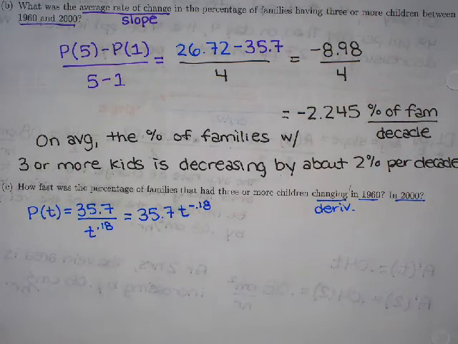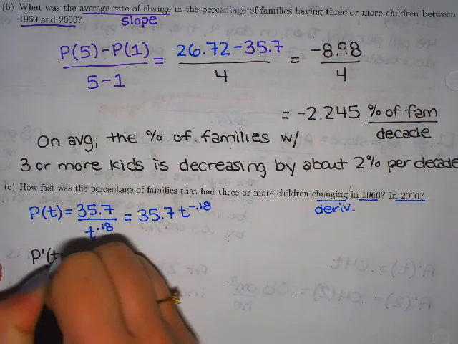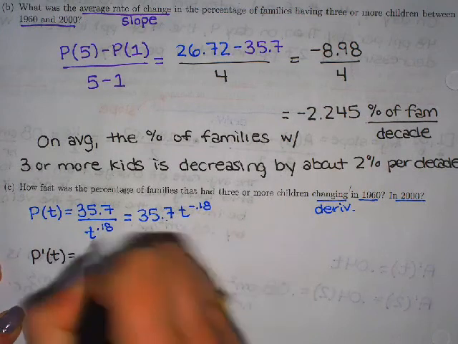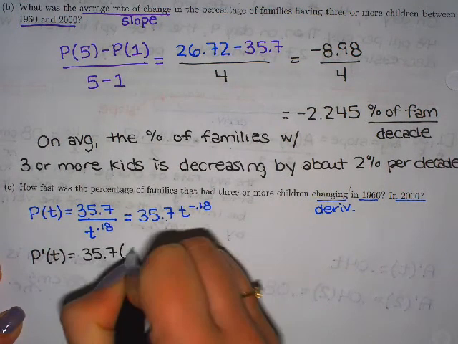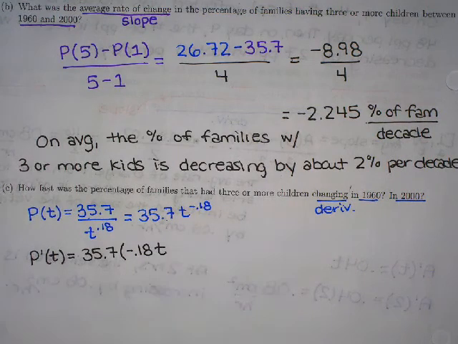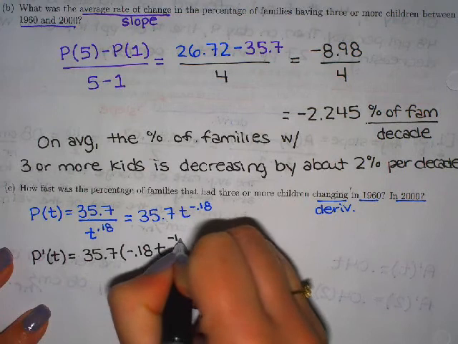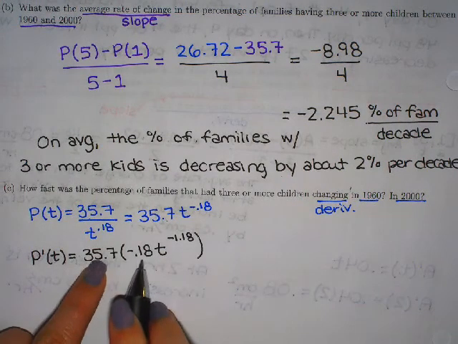Okay, so did we take the derivative? No, all we did was rewrite. But now we are ready to take the derivative. So I'm going to call it p prime of t. And I'm going to look at this one here. I'm going to keep the 35.7. I'm going to bring down the power, which is negative 0.18, and raise t to the what? Negative 0.18 minus 1 is going to be a negative 1.18.